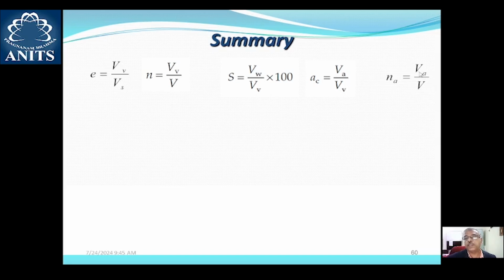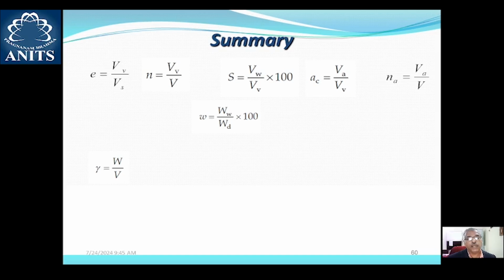Obviously in percentage air voids the denominator is more, and therefore percentage air voids is always less than air content, because the numerator is the same in both parameters. Water content is the single physical property expressed in terms of the ratio of weights. Water content is defined as the ratio of the weight of water to the weight of dry soil, usually expressed as a percentage.